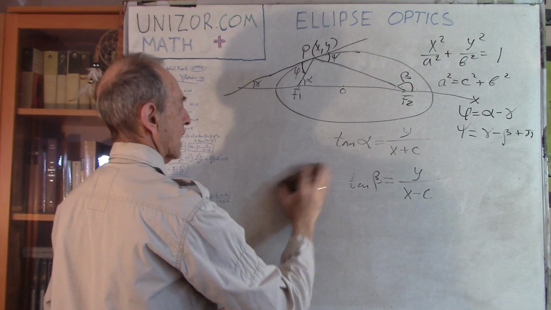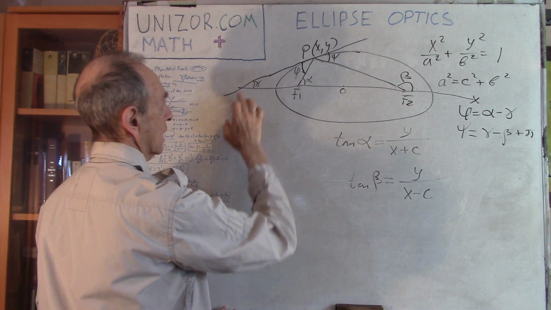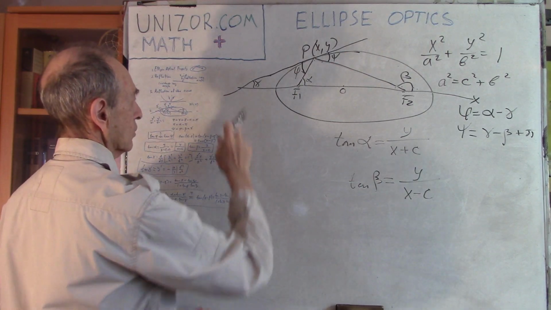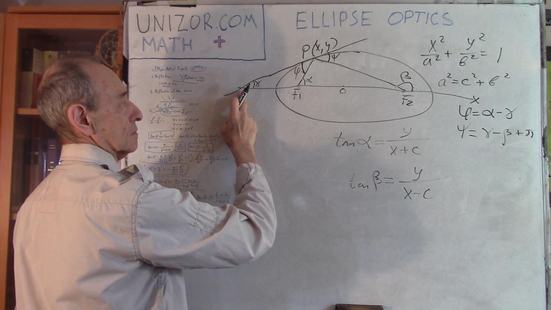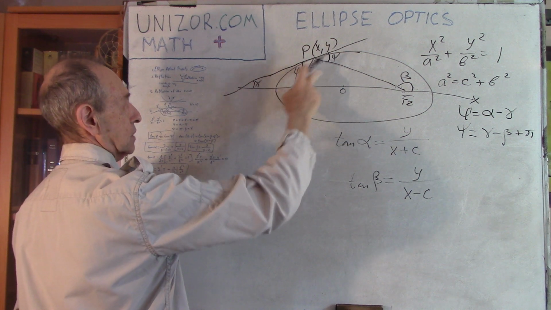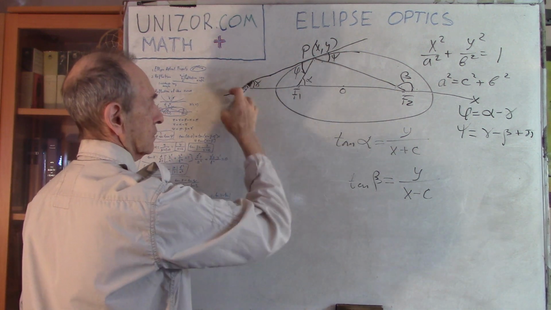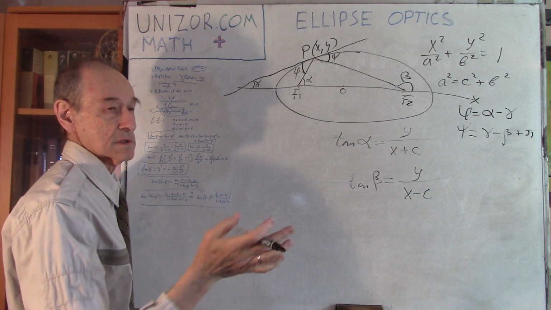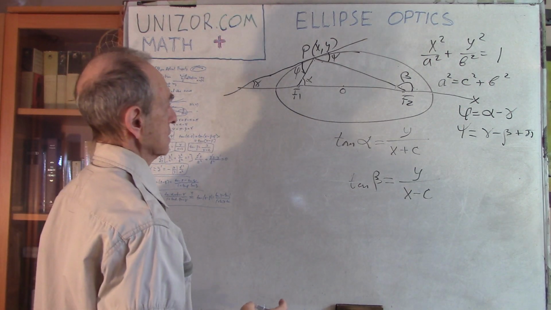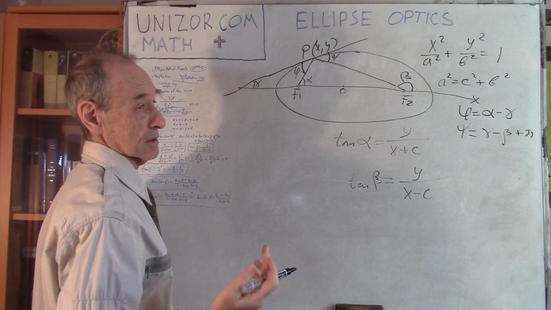Next is the tangent of gamma, and this is slightly more difficult because I don't know the coordinates of this point. I know this point, but I don't know this point, so I cannot use the same methodology of difference in y's divided by difference in x's. I do something else.